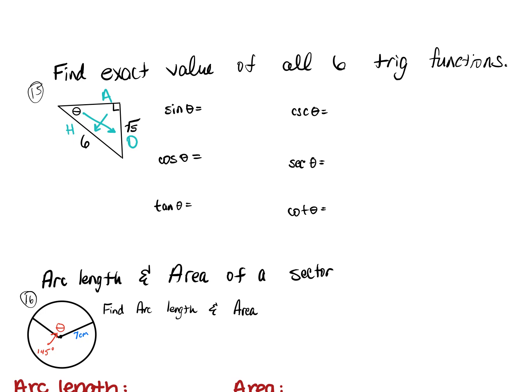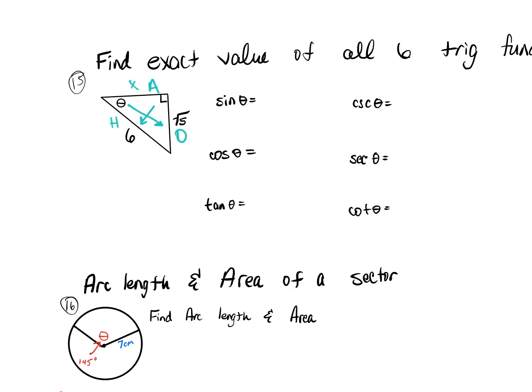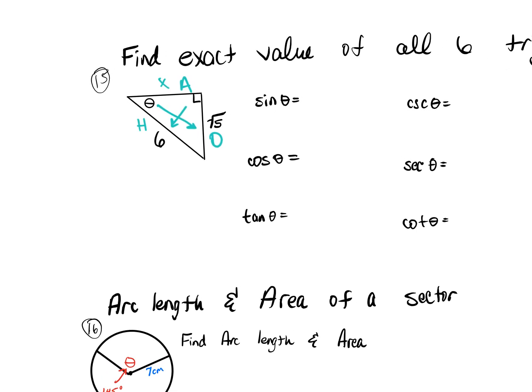You don't know what that adjacent is, so find it. Use a squared plus b squared equals c squared and just solve it. So x squared plus the square root of 5 squared is equal to 6 squared. This gives you x squared plus 5 is equal to 36. Subtract your 5 over. You have x squared is equal to 31.